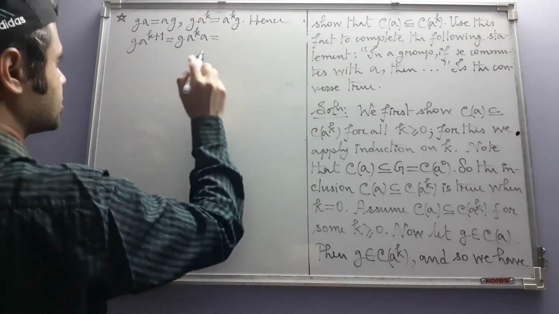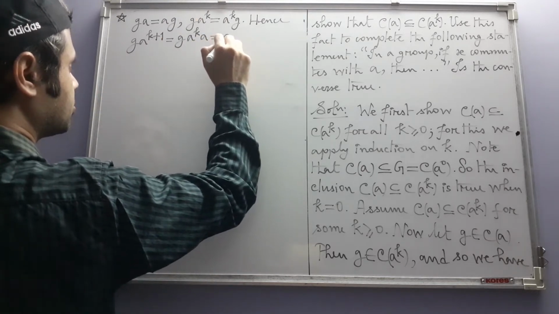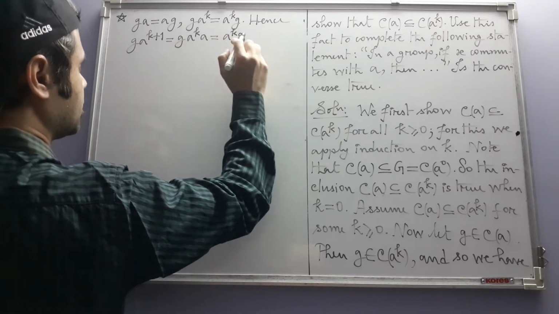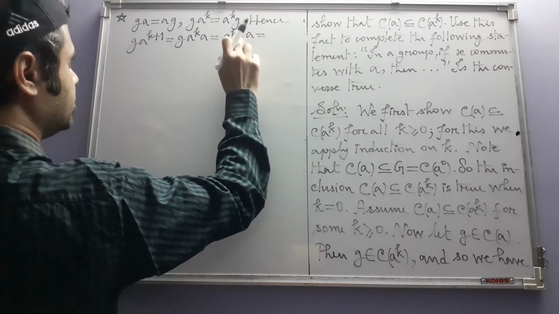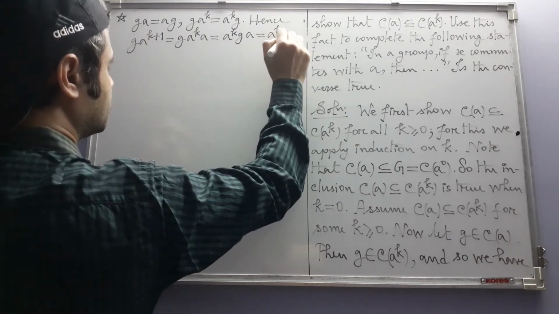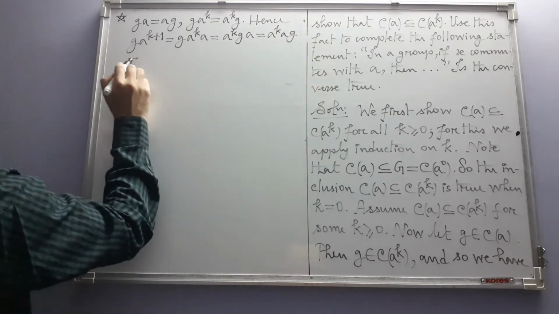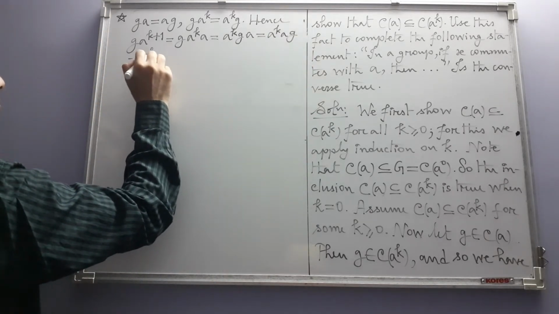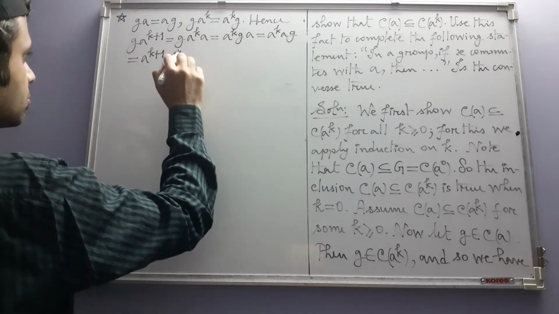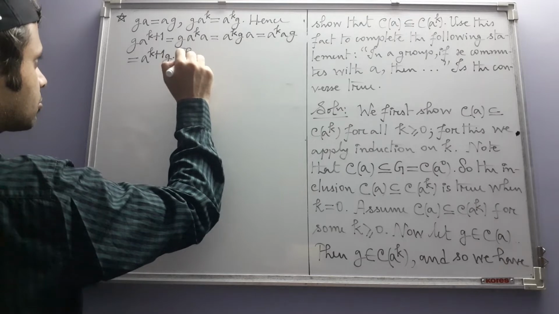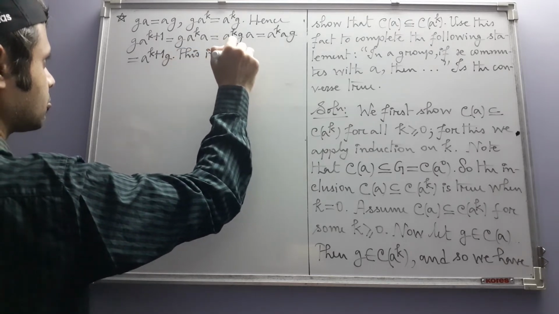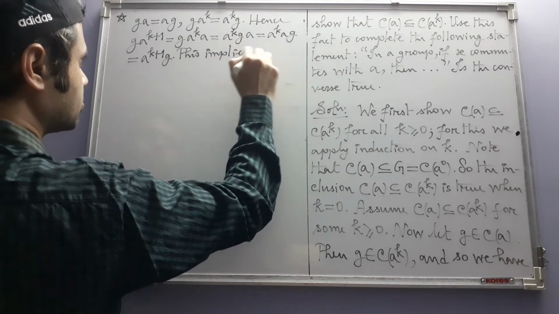Now use the second relation to write the first two terms like this, and then here you use the first relation, and this becomes equal to this.